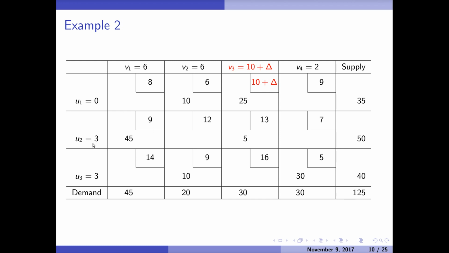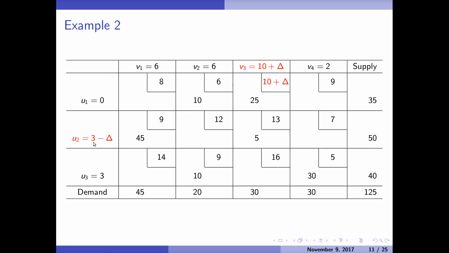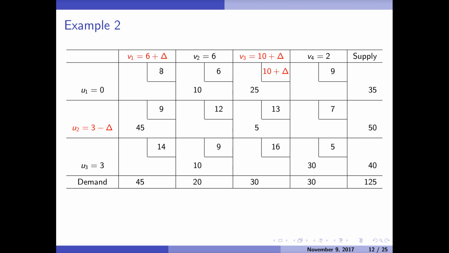And so therefore U2 changes to 3 minus delta. And if that changes, what else must change? Well, the sum of these two must be equal to 9, therefore I must be adding a delta up here. And now I think that is all, right?